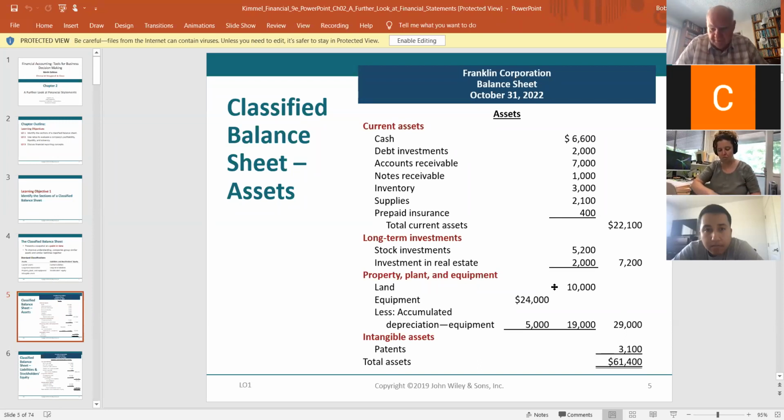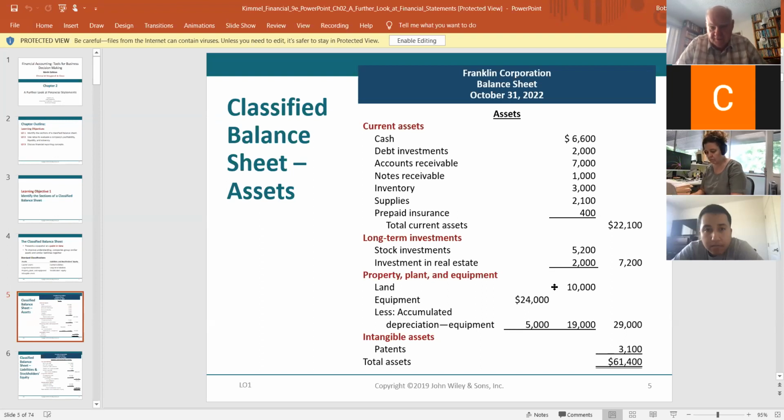What do we mean by a current asset? A current asset is one that will be consumed within a year or the business cycle of the organization. In other words, we expect our cash to be collected within a year, within one fiscal year, right? Accounts receivable, everything is going to be turned over per year.